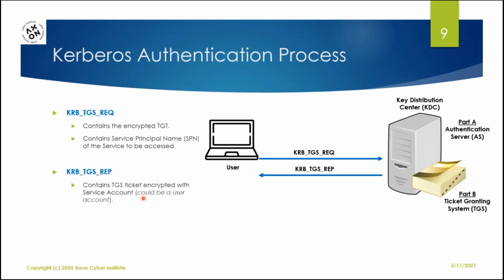The second pair now: after we have got the TGT encrypted, we're gonna send a TGS request. We will request now TGS. The TGT will be sent along with the service we would like to access, okay? And each service is represented in Active Directory with something we call a service principal name.